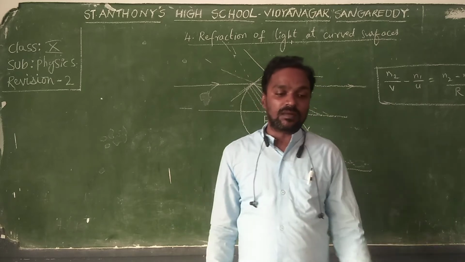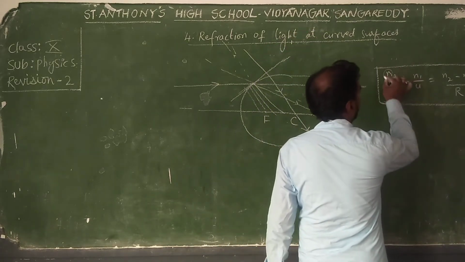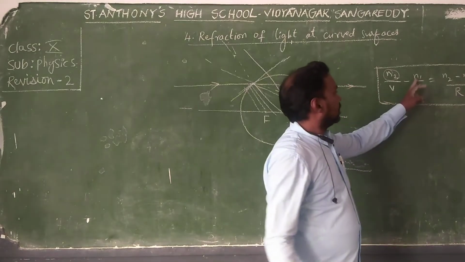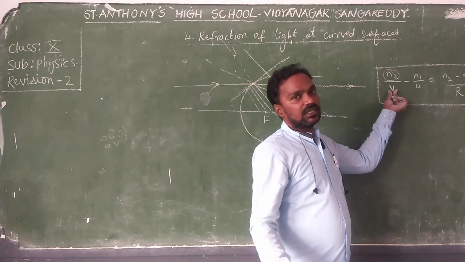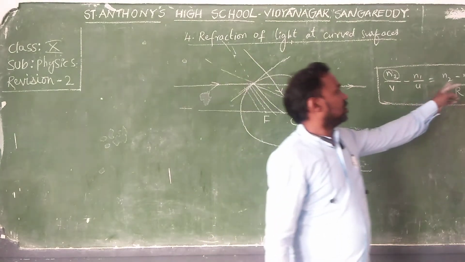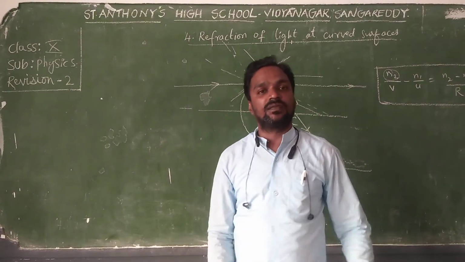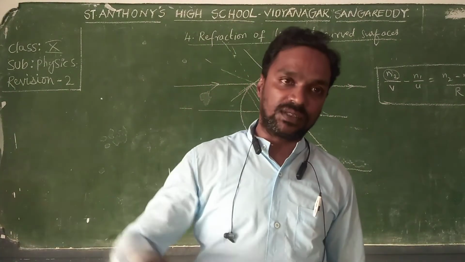There will be a question on this formula. Here N2 is the refractive index of the second medium, N1 is the refractive index of the first medium, V is nothing but the image distance, U is nothing but the object distance, and R is nothing but the radius of curvature of that particular lens or curved surface.